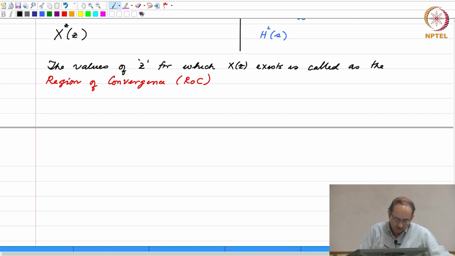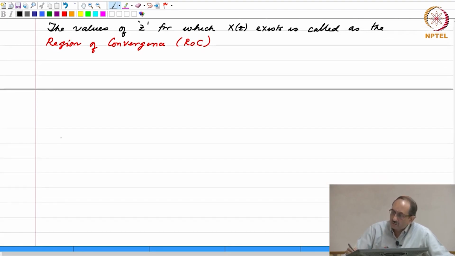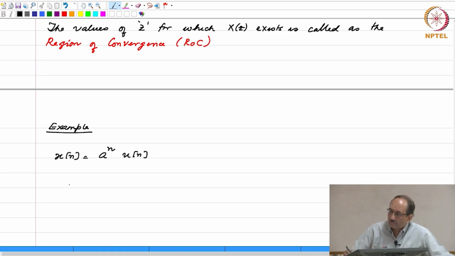Once you have that definition, a simple-minded application of the formula: x of n is a to the n u of n. X of z is of course the sum over n going from minus infinity to plus infinity of x of n z to the minus n.